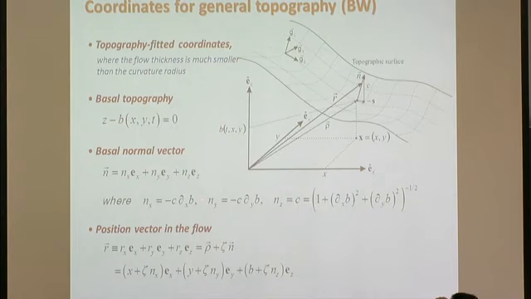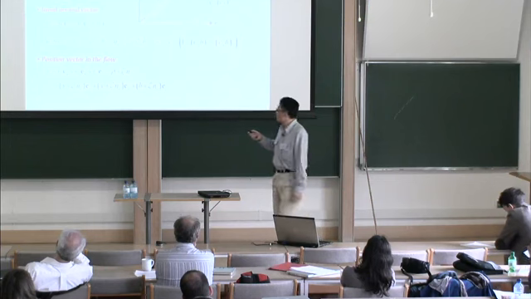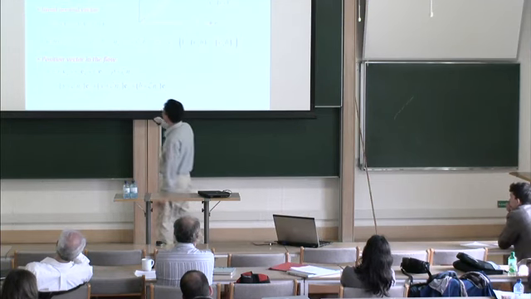We compute this one, and c is used to normalize this normal vector. And once we have this, every position above the topographic surface can be decomposed into the projected point at the basal surface plus the distance along the normal direction. So we have the position vector.